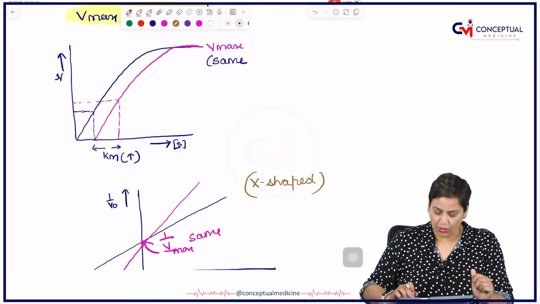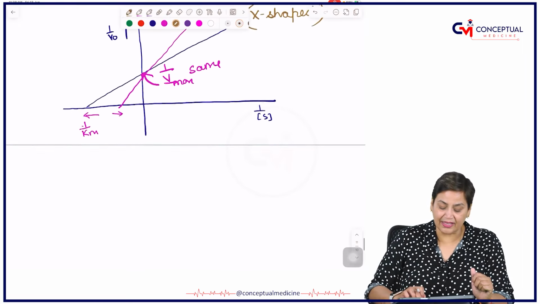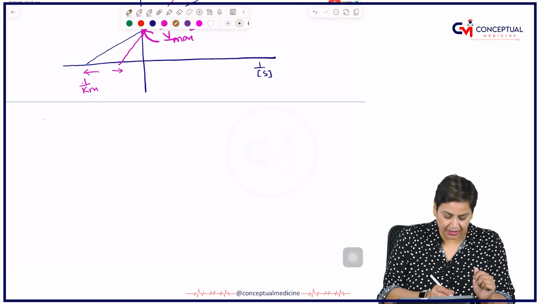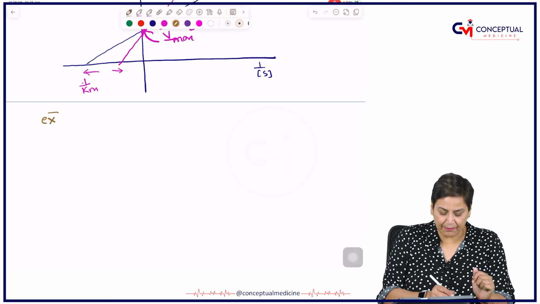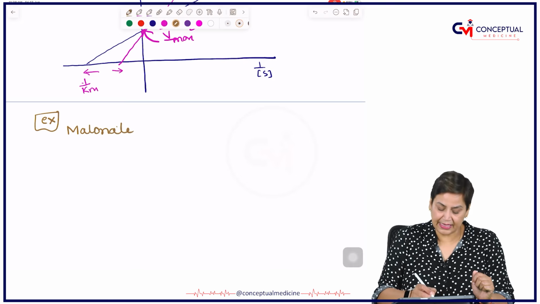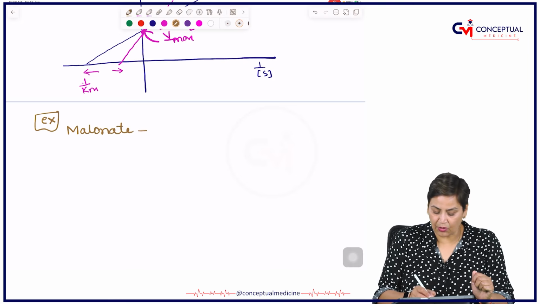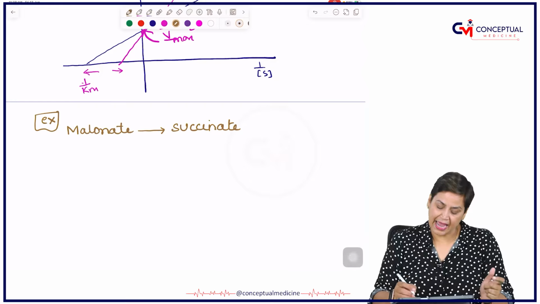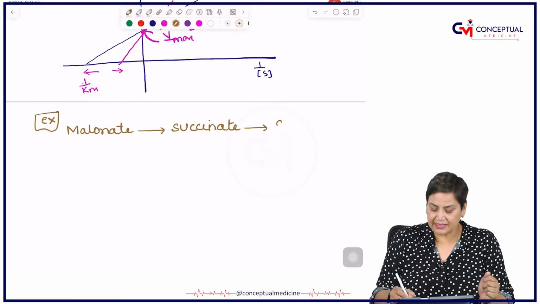Now what is the importance and what are the examples of competitive inhibition? The most common example of competitive inhibition is malonate. Malonate is an inhibitor of succinate dehydrogenase.